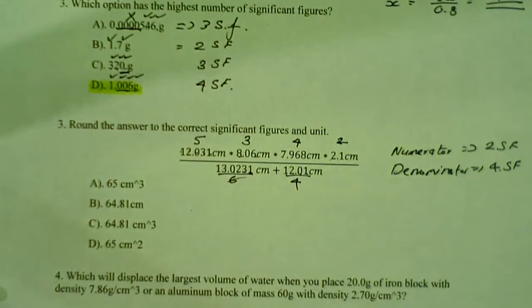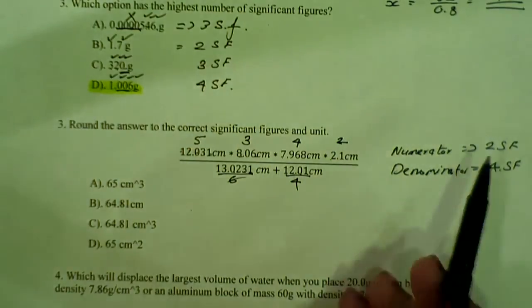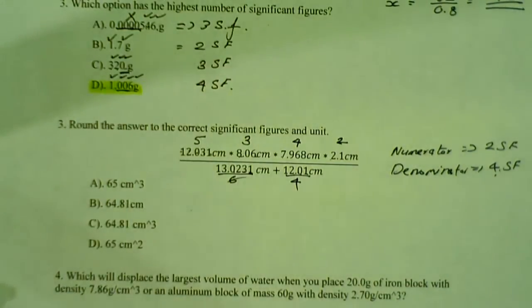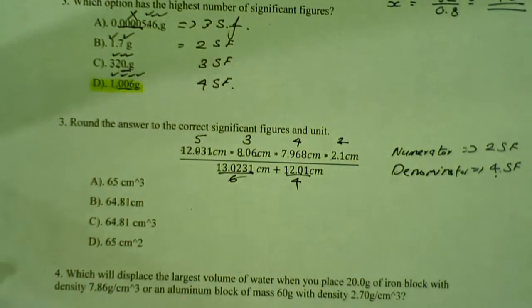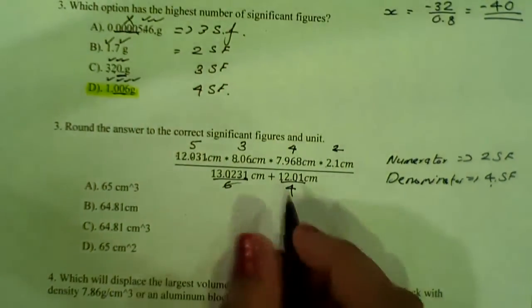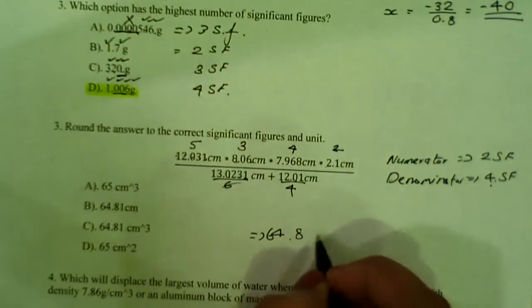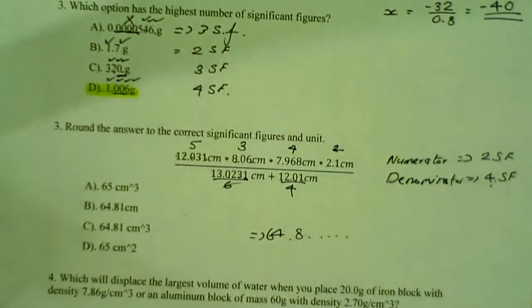And your final answer is the division of the 2 significant figure number by the 4 significant figure number. So your answer will have 2 significant figures at the end. When you do the math, you will end up with 64.8 something.